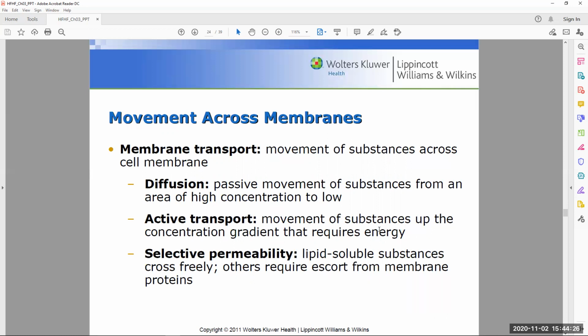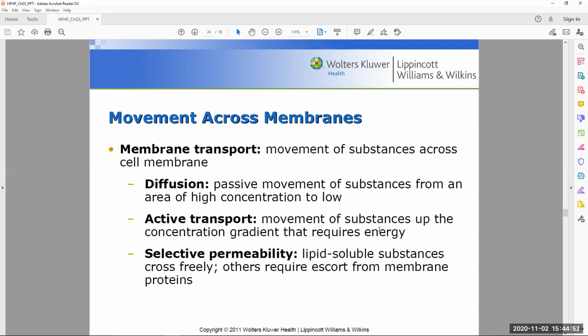But for now, let's talk about membrane transport as it relates to these three actions: diffusion, active transport, and selective permeability. Now, diffusion is simply a movement of substances from an area of high concentration to low until you have some type of equilibrium being established on either side of the membrane. Active transport is movement up a concentration gradient that requires energy.